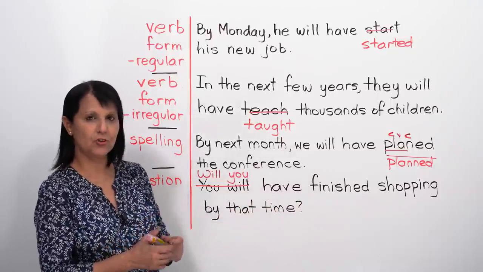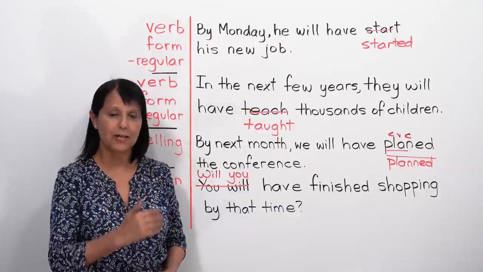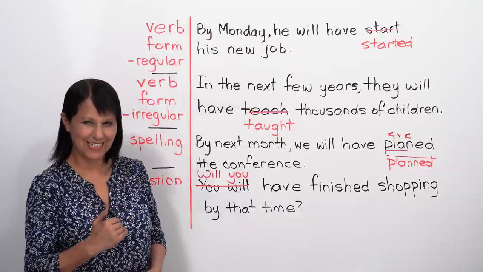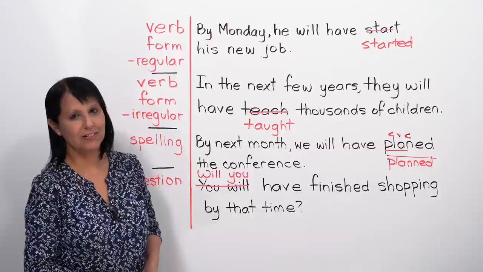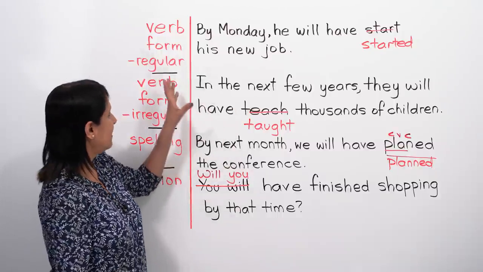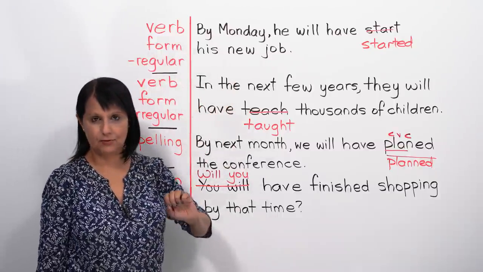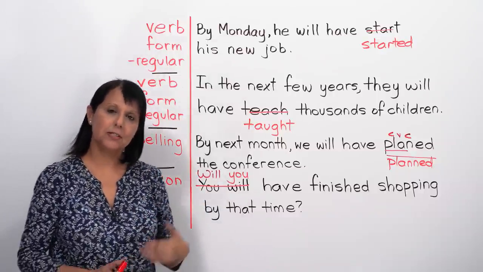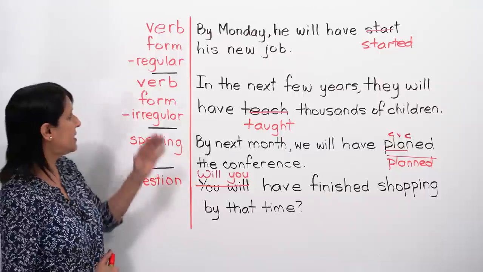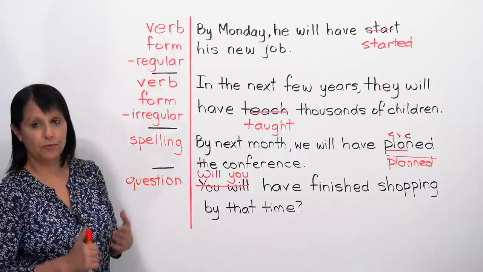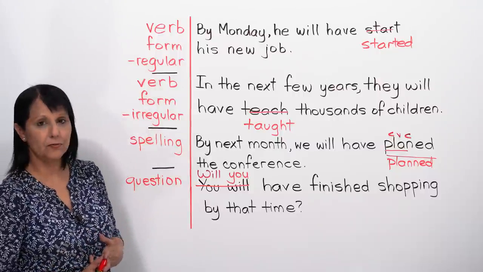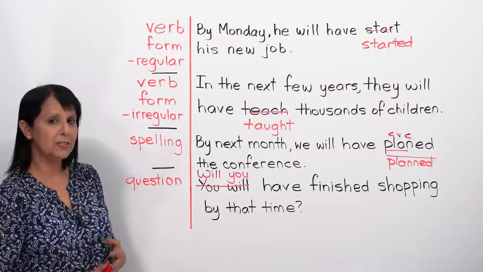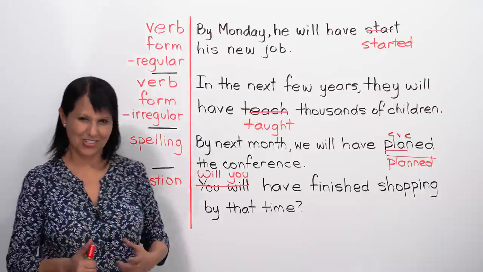So remember, questions start with will you, will they, will we, will he, right? That's the way we start the questions. Now, these are just a few examples that I gave you, but they're just to show you the kind of mistakes that are possible. So be careful not to make mistakes with the verb form for regular verbs or irregular verbs, the spelling of the verbs, and especially with the questions.